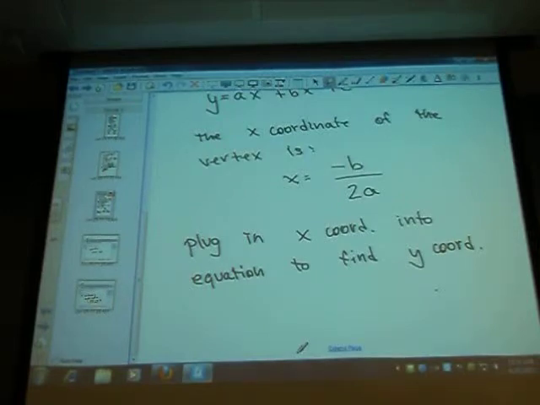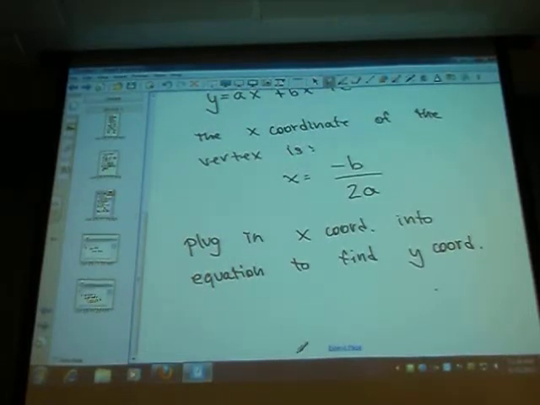Okay, so now that we've got our stuff, we're going to use this equation. So x equals negative b, so that would be negative 30, divided by 2a.